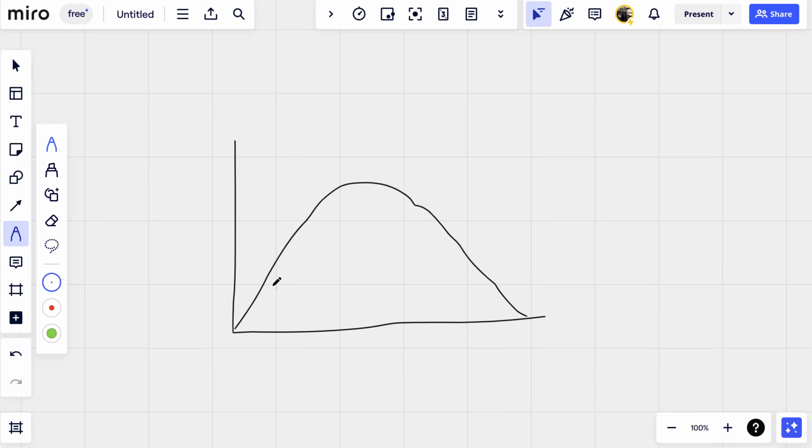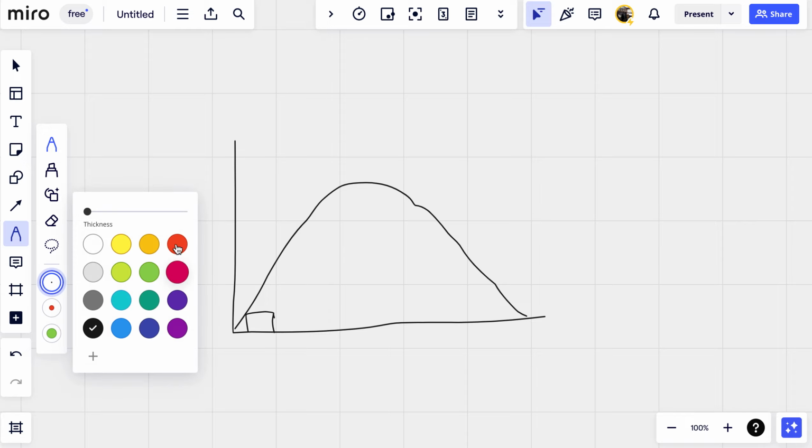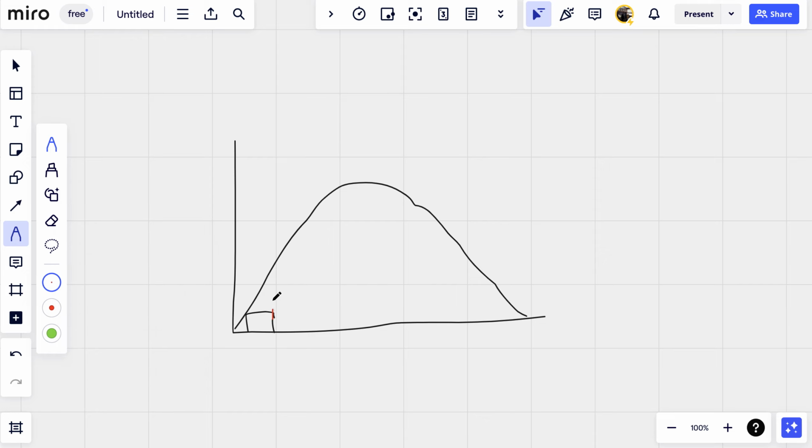This is a continuous variation because the bars were joined together. So when you have a line graph, we can call this a continuous variation.